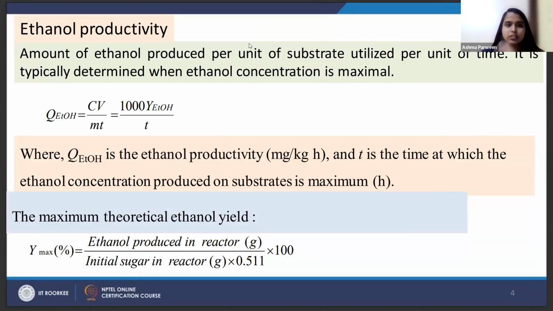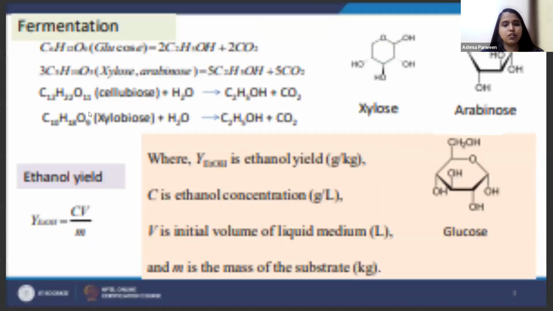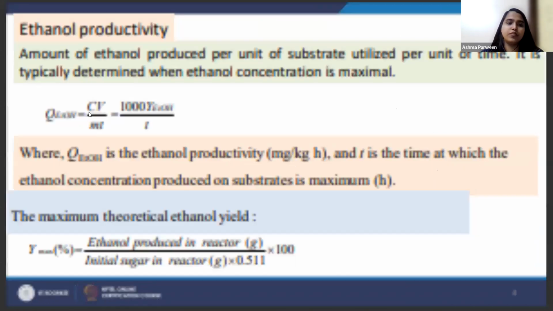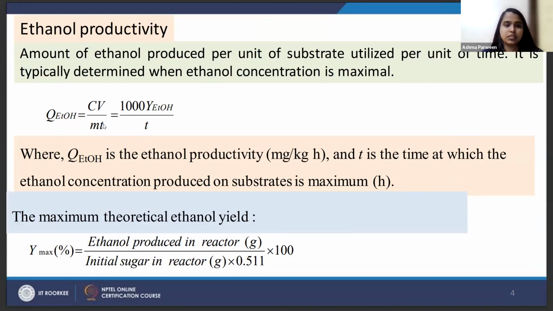It is typically determined when the ethanol concentration is maximum. So ethanol productivity is C, the concentration of ethanol, times V, the initial volume of liquid medium, divided by M, the mass of the substrate, divided by time.